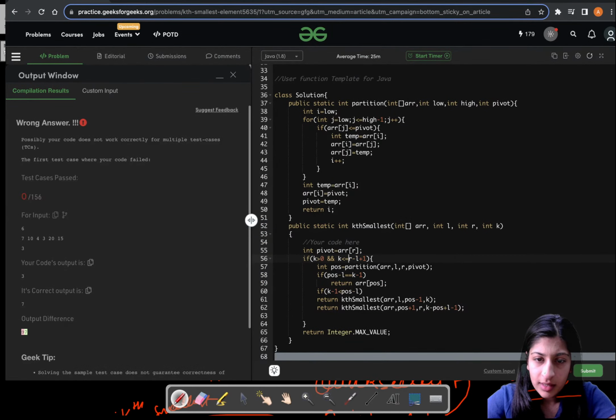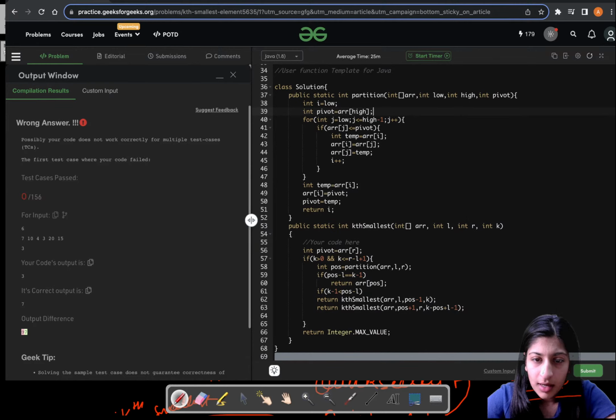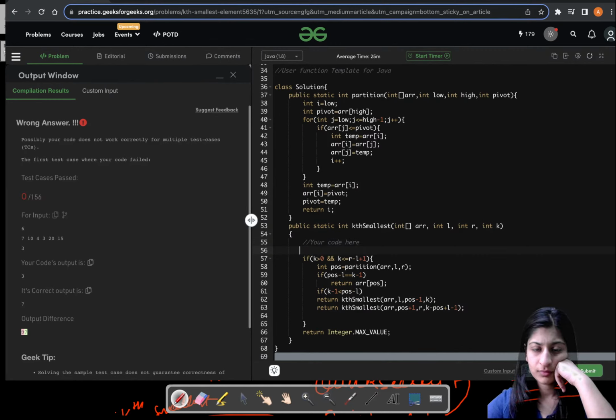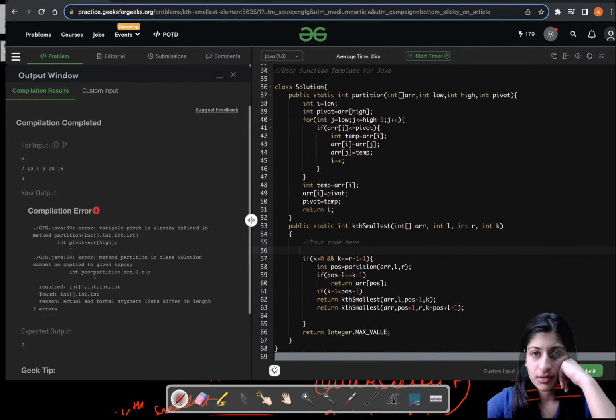Okay, should be less than. And let's do one thing. Instead of passing pivot here, let me just define a pivot here only. So we'll do ARR of high. Fine. And what else? Partition was called. No need of this. Fine. Let's check. Yeah, this thing should be removed.